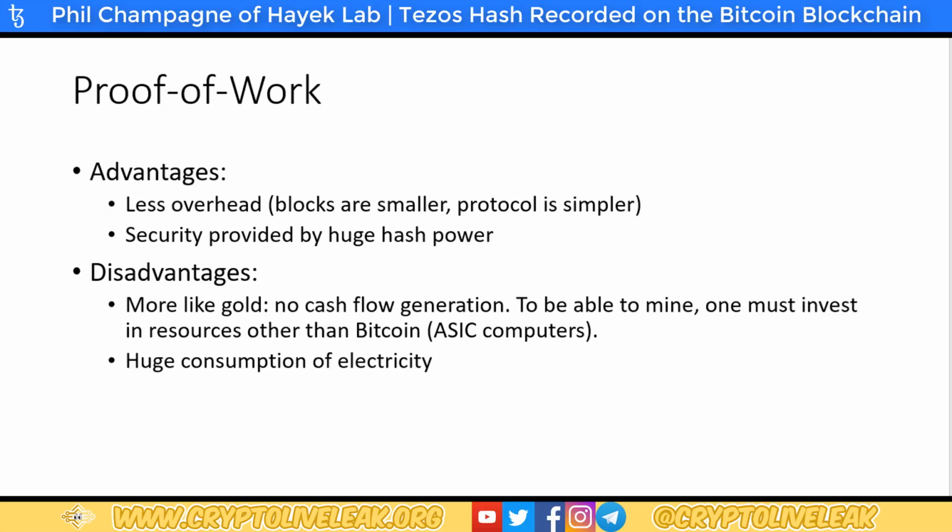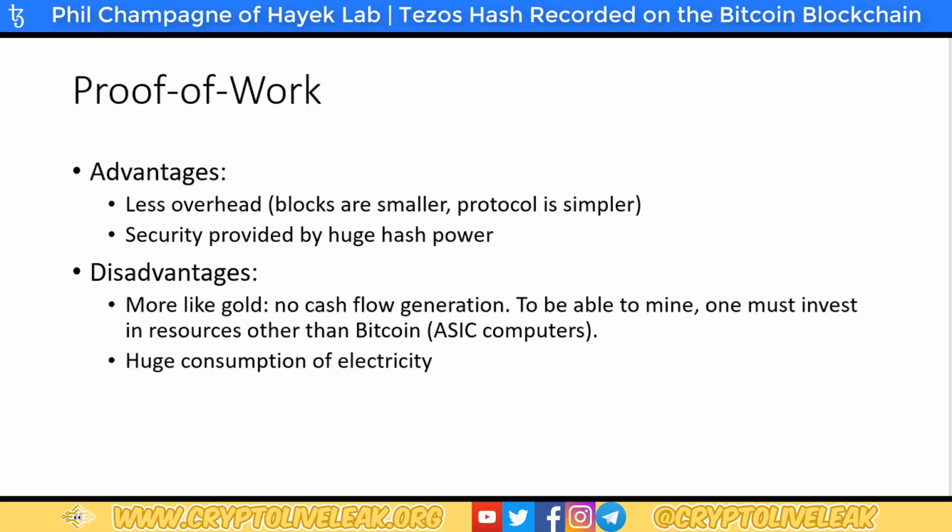The security and integrity of the blockchain is provided by a huge hash power. And the disadvantage of proof of work is that it's more like gold, in the sense that there's no cash flow generation. To be able to mine, you need to have a heavy investment in other resources other than Bitcoin.